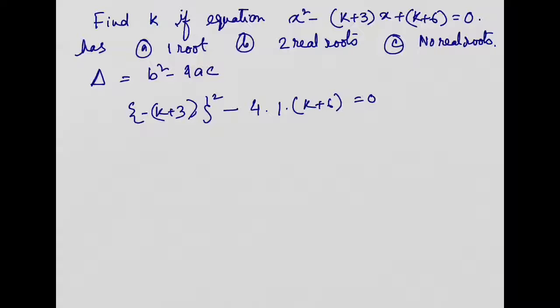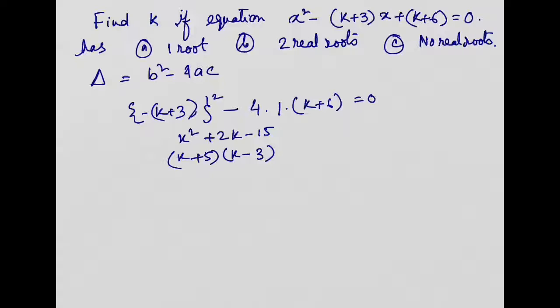That gives me again a quadratic equation: k squared plus 2k minus 15, which factorizes as (k plus 5)(k minus 3). For only one solution, this delta would be 0.